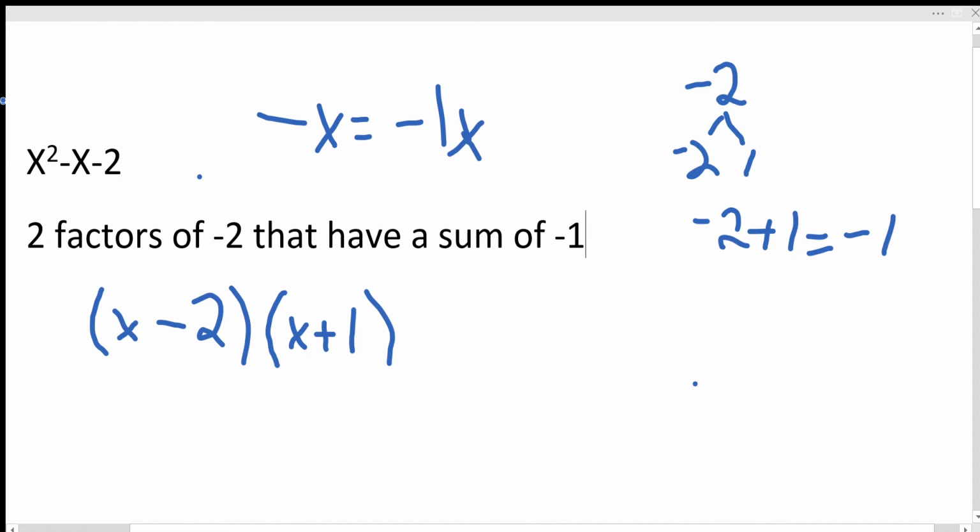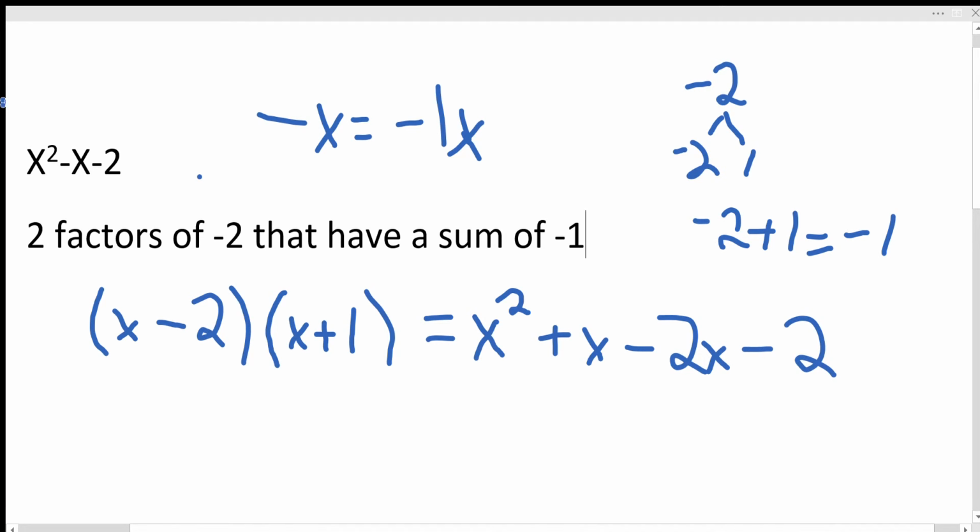So in order to check this, what we can do is we can multiply it out. So if we multiply the first term by the first term, we'll have x squared. If we multiply the x by the 1, we'll have the positive x. If we multiply our negative 2 by this other x, we'll get negative 2x. And last of all, our negative 2 multiplied by our 1 will be a negative 2.